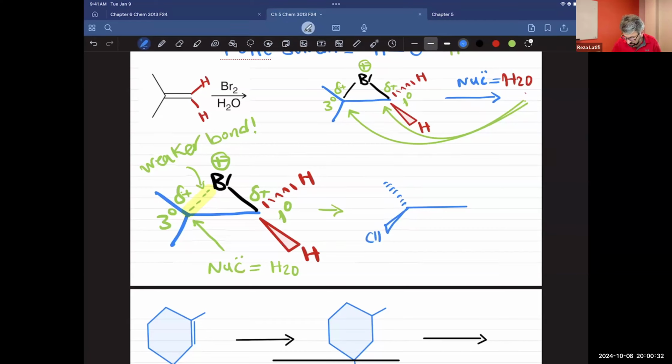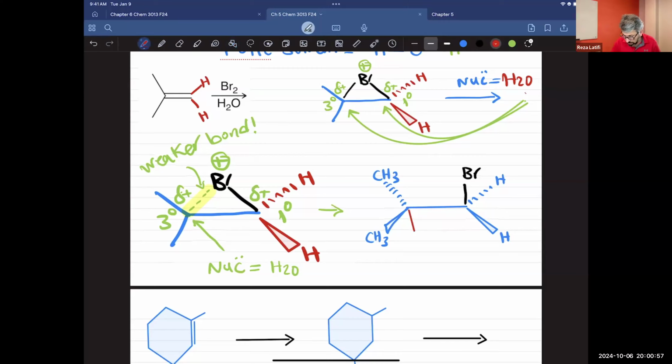This is going to be CH3, CH3, and we have a hydrogen here. Another hydrogen is facing us. And the bromide, we said we're going to add it on the first carbon. Well, it will be added there.